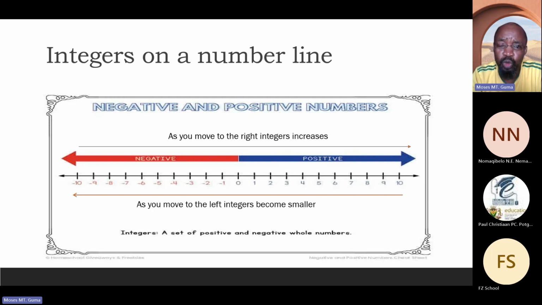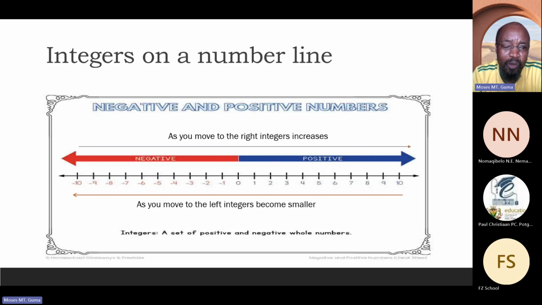As we move from the right to the left, all these integers are becoming smaller and smaller. Now, what do you mean, Mr. Guma? I mean that 10 is bigger than -4, and not only bigger, very big. I'm saying to you 0 is bigger than -10, not just big, very big.